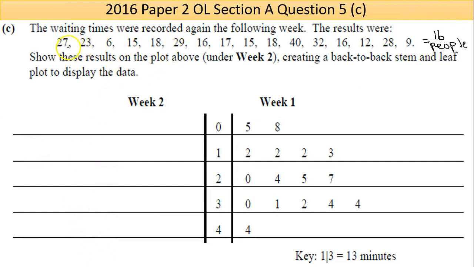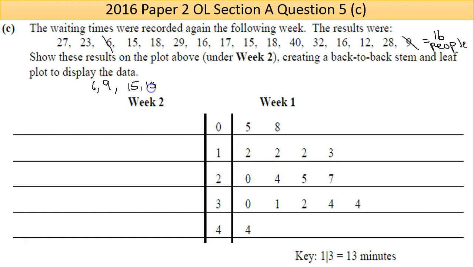I need to go along by increasing size. Ideally you rewrite this list so it's right in front of you. Now, you might start there and go, right, what's the lowest number? 6. Next lowest is 9. Next is, I think, 15. 2 15s, 15, 15.